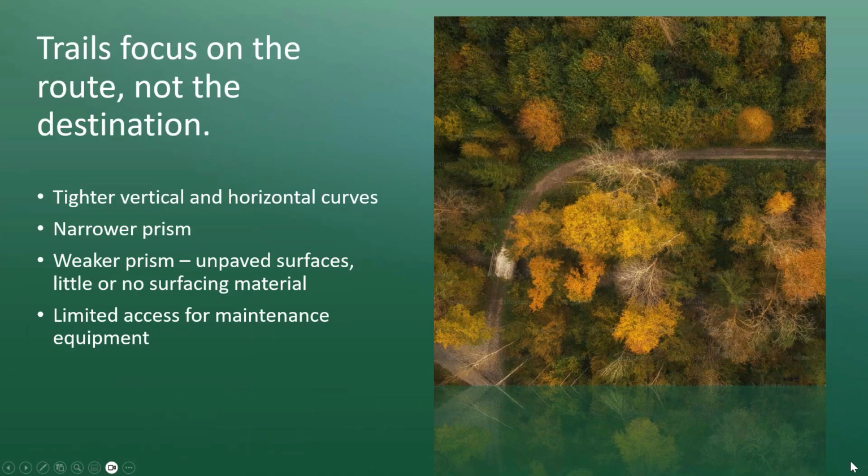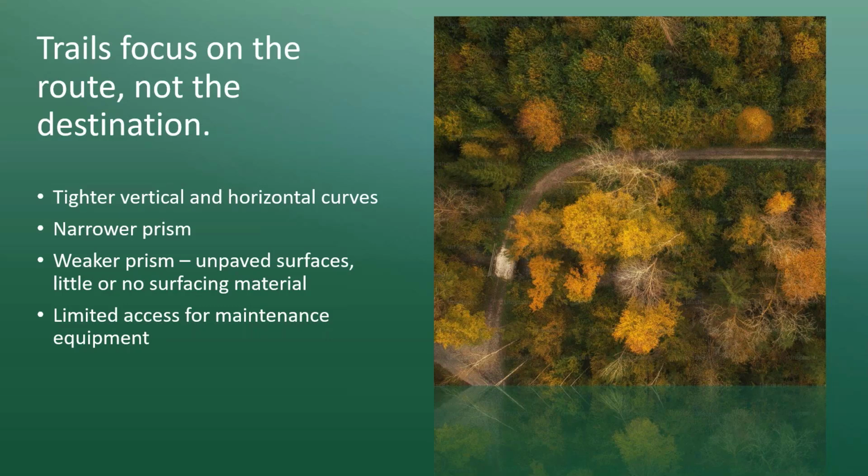Trails also allow for tighter vertical and horizontal curves, meaning that we can afford to wiggle around more to achieve a lighter touch on the landscape. They also allow narrower prisms, allowing the trail to fit between obstacles, like for example, individual trees, something that is not often practical for road projects.